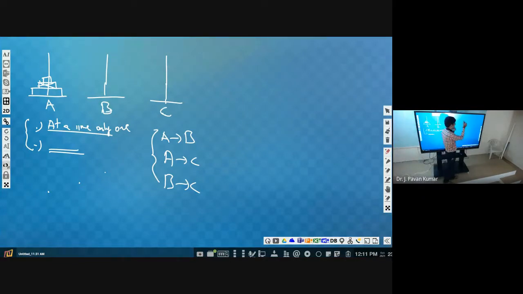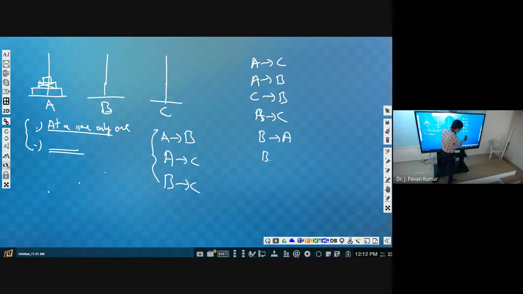A to C, that means the smaller one we will keep in C. Then A to B. Then C to B. A to C. Then B to A. B to C. A to C. Okay, correct? So these are the 7 steps. Then we could transfer all 3 from A to C.